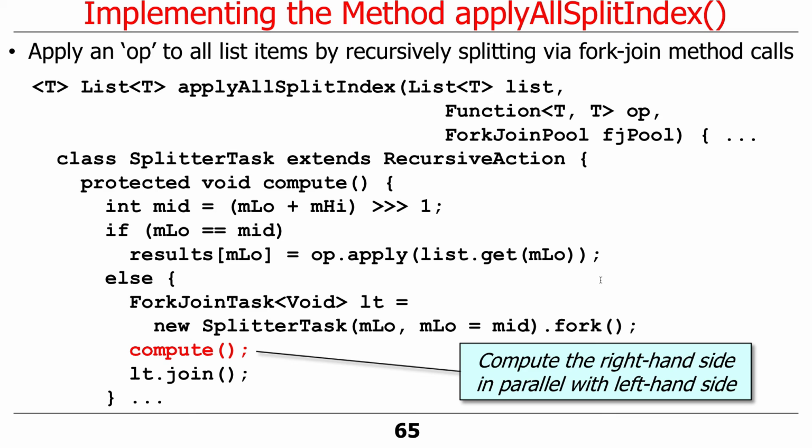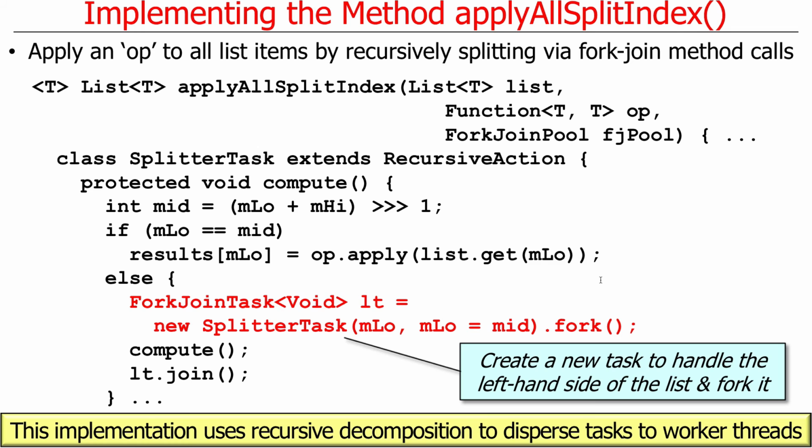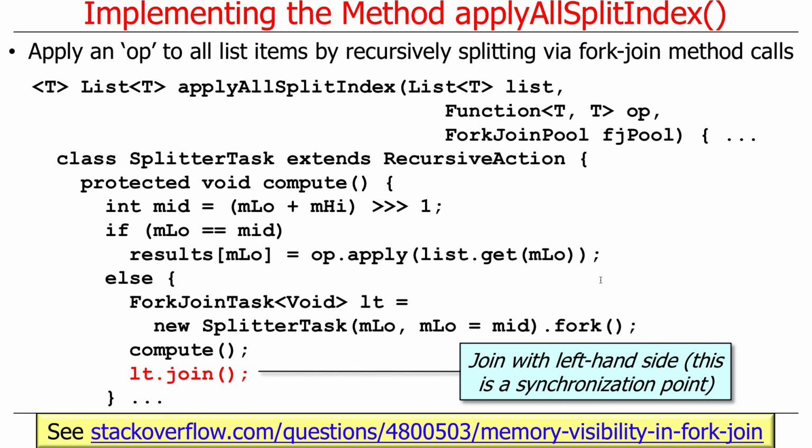We then go ahead and compute the right-hand side in parallel with the forked left-hand side, and then when we're done, we just call join. And notice how join doesn't return a value because it's a recursive action, not a recursive task. So this simply serves as a synchronization point.